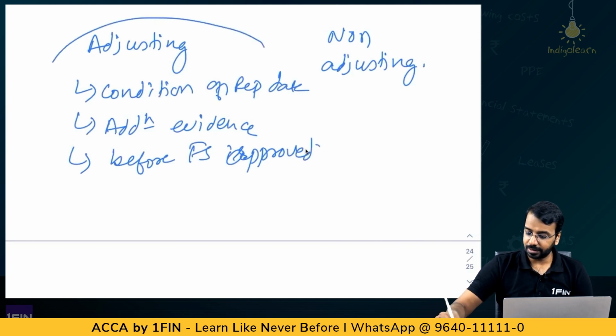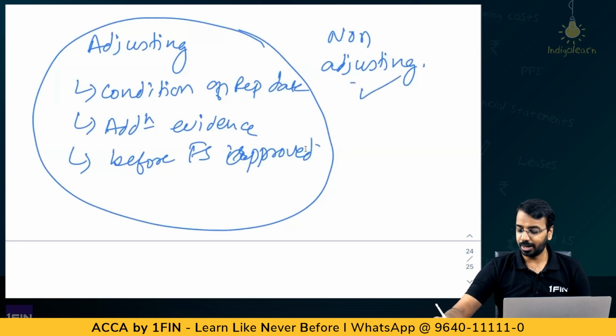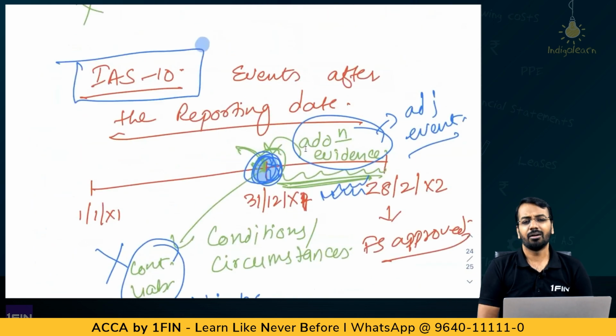Then it is an adjusting event. If we get information after the financial statements have been approved, or if we get information about an event which was not existing at all, then it is a non-adjusting event. Adjusting event means you will adjust the financial statement, non-adjusting event means you will not adjust the financial statements. Okay. So, this is IAS 10, adjusting and non-adjusting events.